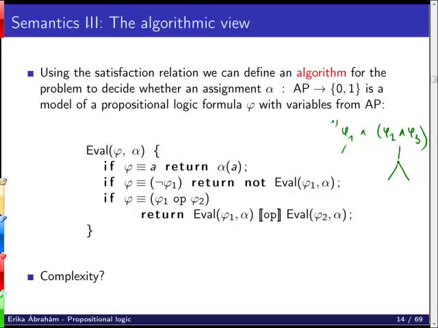So 1 call, 2 calls, 3 calls, 4, 5. So for n binary operators, I would have how many? Yeah. So actually it's linear in the length of the formula.